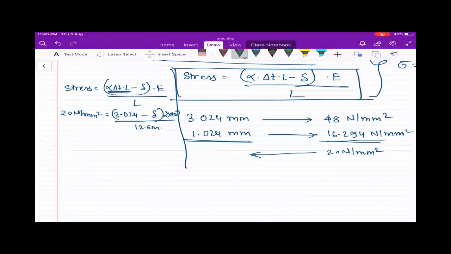If we try to solve this problem, the delta value should be equal to 1.764 mm. Means how much restriction is there? 3.024 minus 1.764. So this much amount of restriction will be there to have 20 Newton per mm square of stress. Okay, is it okay?